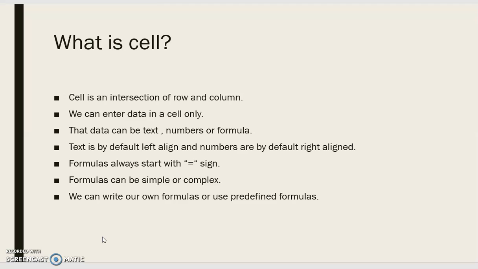Text is by default left aligned and numbers are by default right aligned. Formulas always start with the equal to sign. Formulas can be simple or complex. We can write our own formulas or use predefined formulas present in Excel.